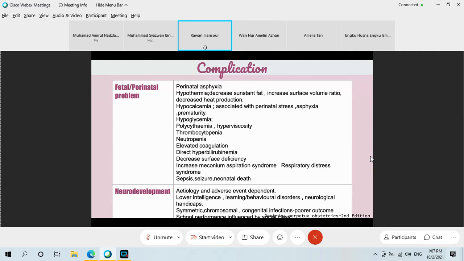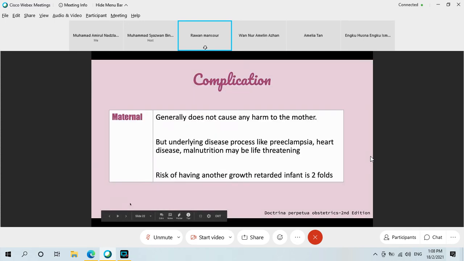Also chromosomal, like genetic problems, and congenital infection can lead to neurodevelopment problems in the baby. School performance is influenced by social classes. Next slide. For the maternal complication, it generally does not cause harm to a healthy mother, but in women who have underlying disease like preeclampsia, heart disease, and malnutrition, it can be life-threatening during the birth.